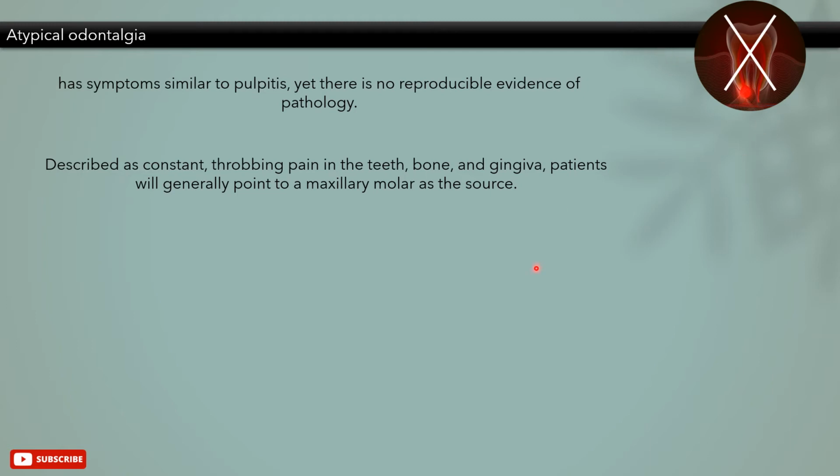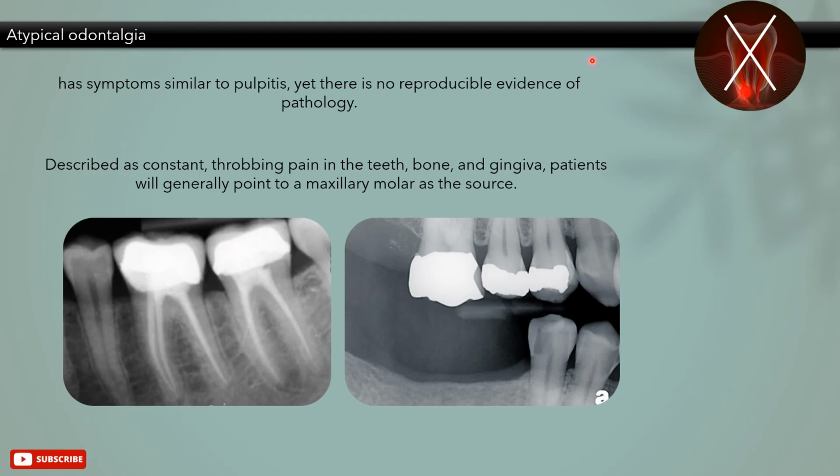Many times, patients present with several endodontically treated teeth or even an edentulous space as a result of multiple dental procedures performed by clinicians unfamiliar with this conundrum. Patients will report temporary relief from the pain after a dental procedure, with subsequent return of the symptoms, which can complicate the diagnosis even further.